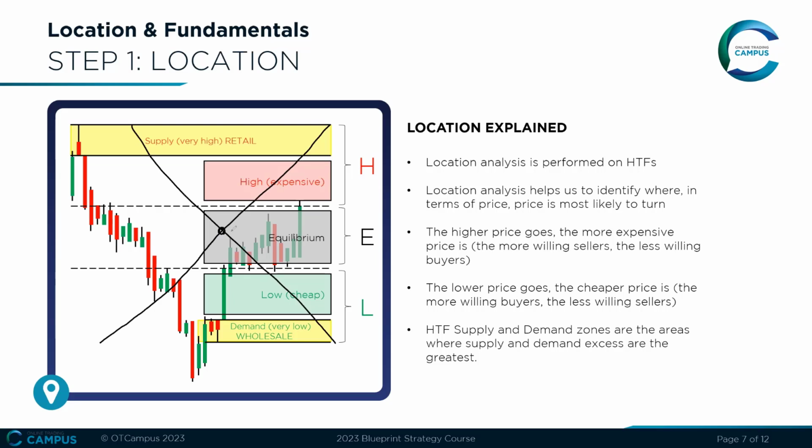That's where they meet. And they have supply excess, where things become very expensive, right? And as a result, because things become very expensive, there's not going to be a lot of willing buyers, but there's a lot of willing sellers. There's a lot of people that want to offer to sell something because it's so astronomically expensive.